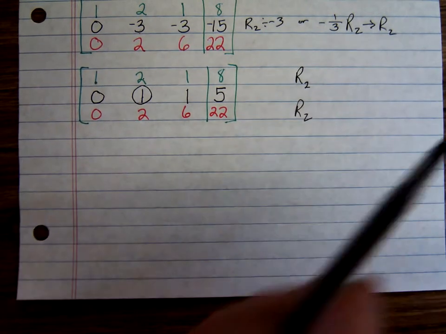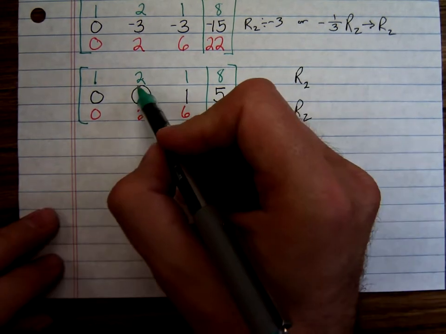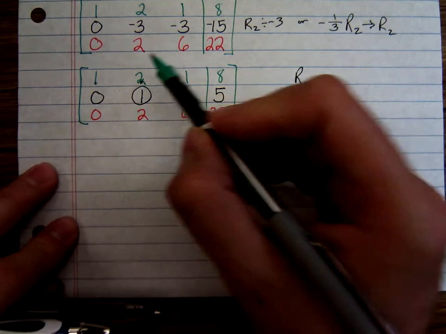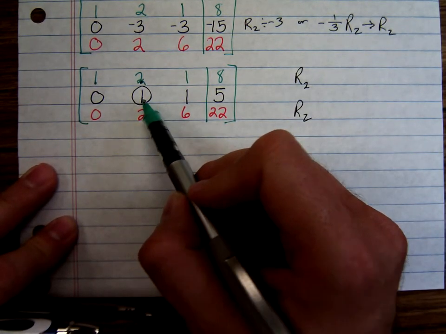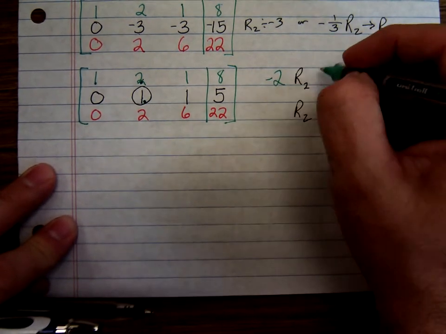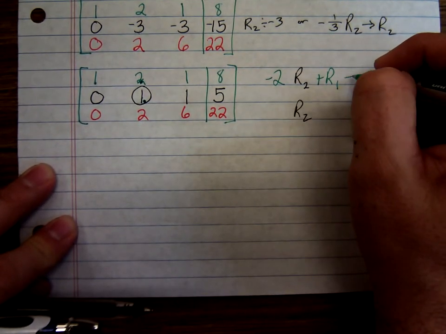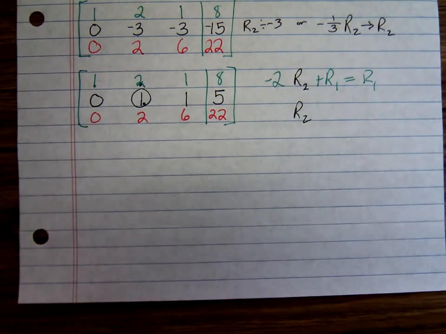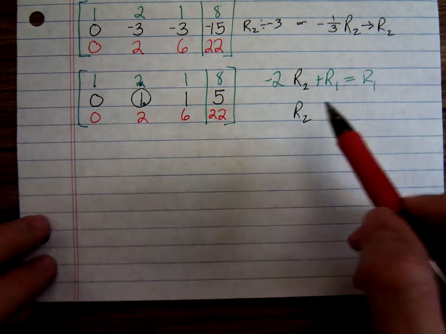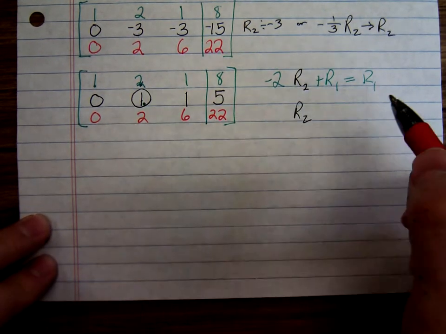To get a 0 where the green 2 is, I would multiply the circled 1 by what? Negative 2, and then say, okay, plus row 1 equals a new row 1. What about where the red 2 is? What would I multiply row 2, the circled 1 by? Another negative 2?